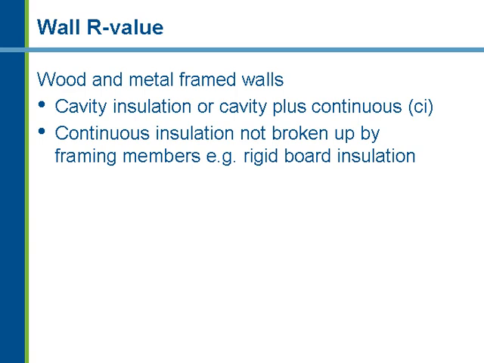If we look at standard frame walls for commercial buildings, we have our option of either wood or metal frame walls. And in some cases, we only install insulation in the cavity. And in some cases, we have to install both insulation in the cavity and also continuous insulation. Typically, this is only going to occur in metal framed wall systems.